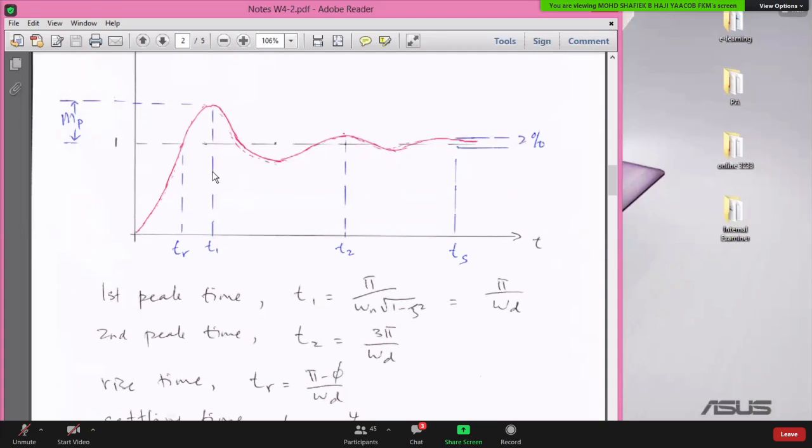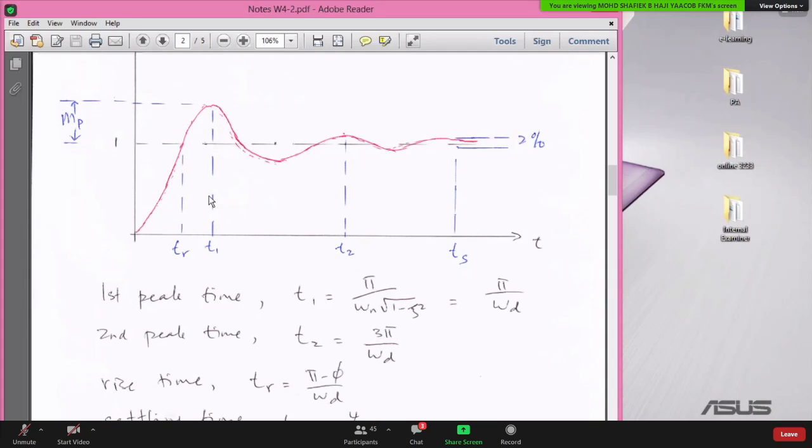But most of the time you cannot fulfill those criteria at the same time. Sometimes you have to compromise. See, a large overshoot will give you a faster settling time, but sometimes a large overshoot is not desirable.